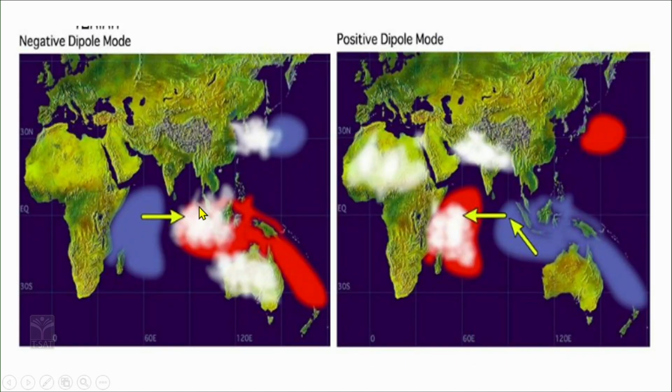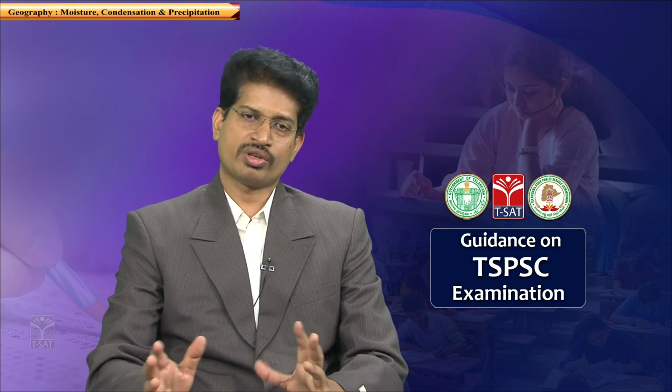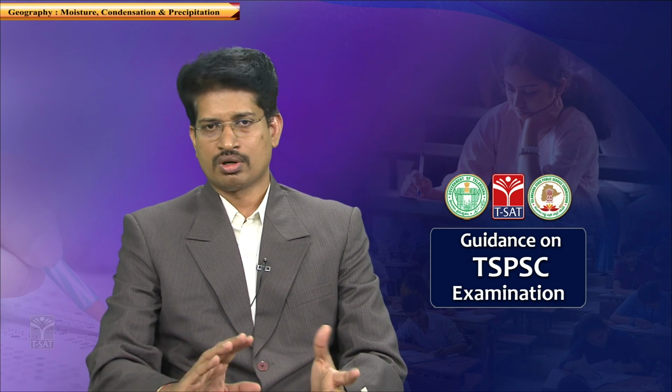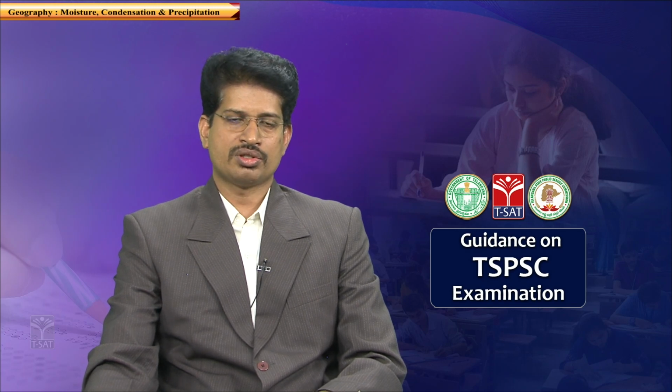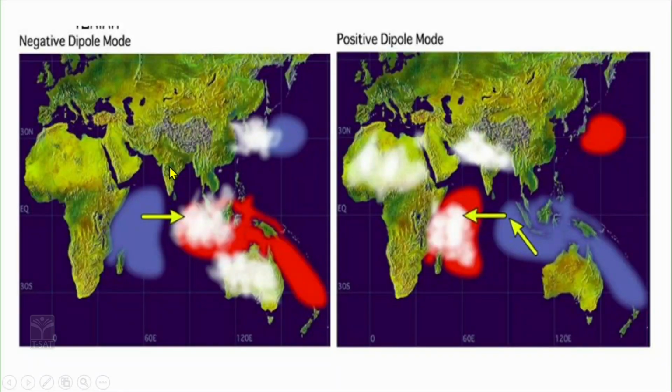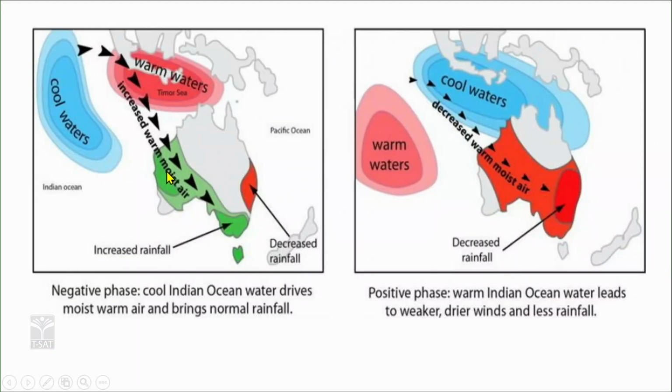Next is the impact of the Indian Ocean dipole. The Indian Ocean dipole also impacts the monsoon. Because of the cold and warm conditions, the low and high pressure conditions, and the change in the Indian Ocean dipole, the wind direction changes. In the negative condition, it strengthens the monsoons, and the Indian Ocean dipole impacts the monsoons because of the variation of temperature conditions.